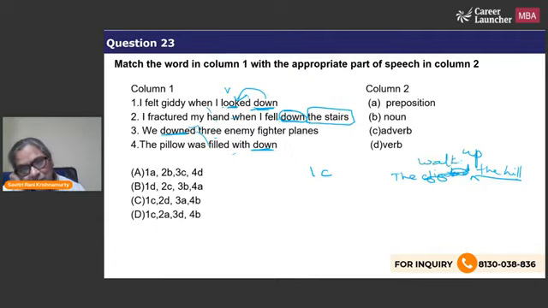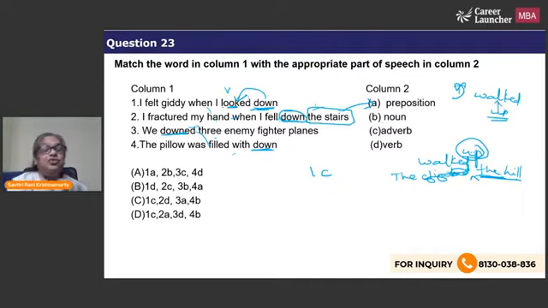Where did you climb? Up the hill. Here, up is followed by an object, so it is a preposition. If I just say I walked up, here up is an adverb. Get it? So when you have words like up, down being followed by a noun or a noun equivalent, then you know it's a preposition.